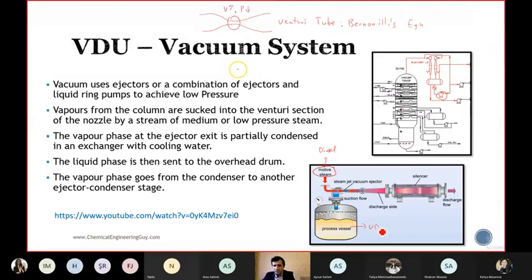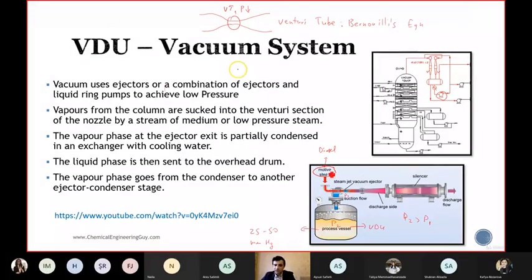Assume this is your VDU, you have P2 and P1 here. When P2 is bigger than P1, the air in the VDU moves upwards from higher pressure to lower pressure. This way, you can create the nearly vacuum condition, which is 25 to 40 mmHg here.